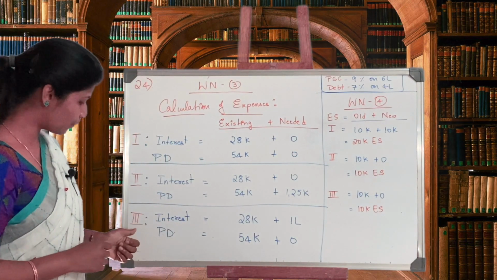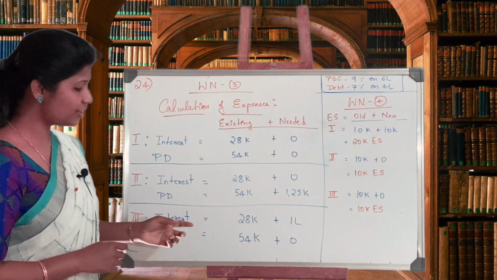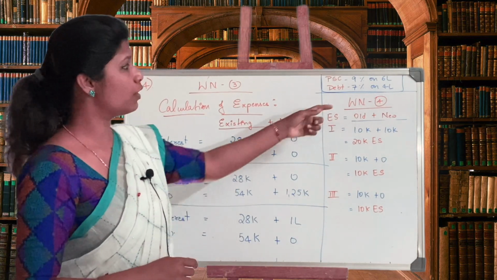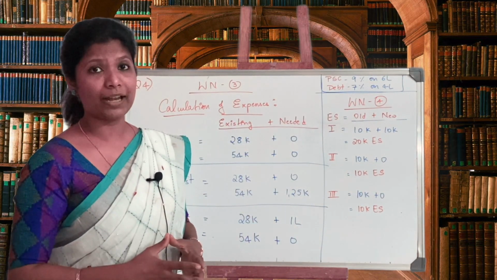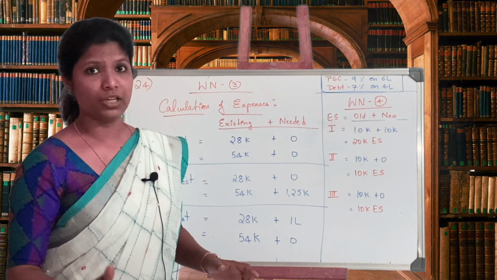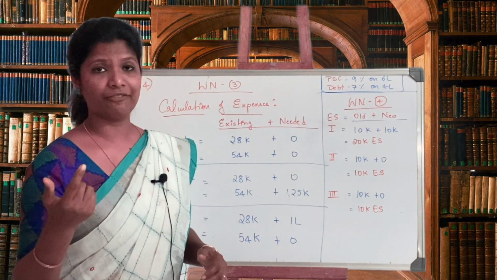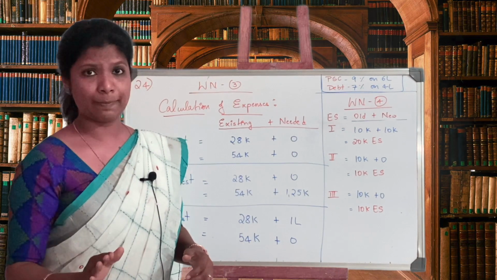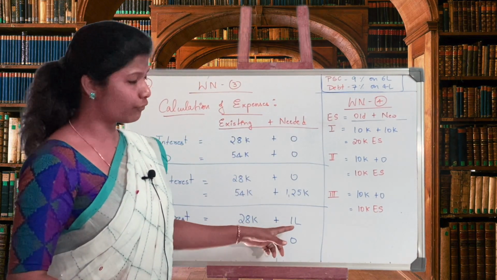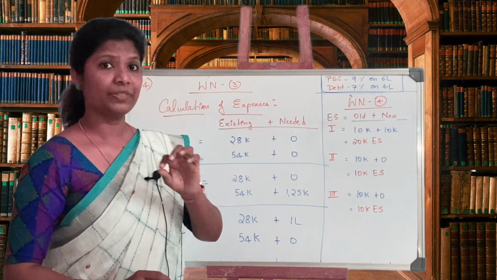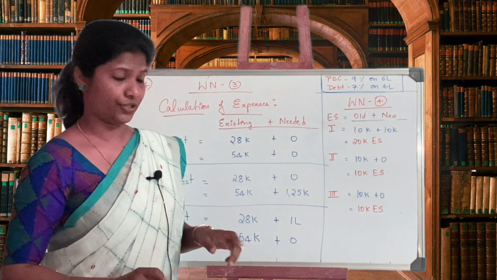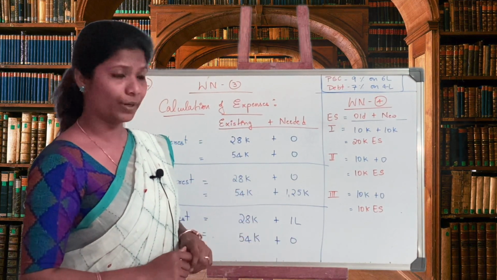Moving to the last one, last plan, interest is 28,000 for the existing. Now what is the third plan talking about? Completely debenture. We don't have equity, we don't have preference, it's completely debenture. So we have an interest payment of rupees 1 lakh. If you looked at the working note 2, the last plan we calculated interest, that is 1 lakh, which I am carrying forward here.